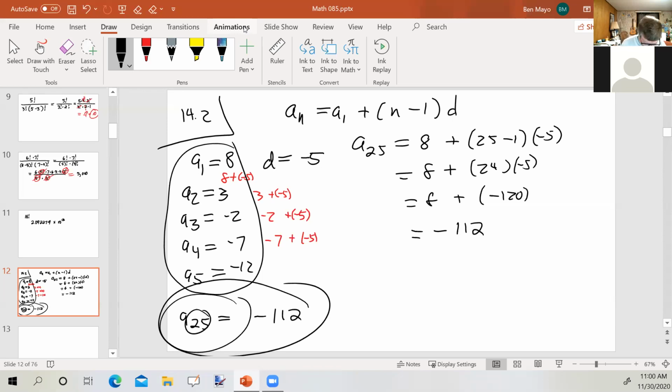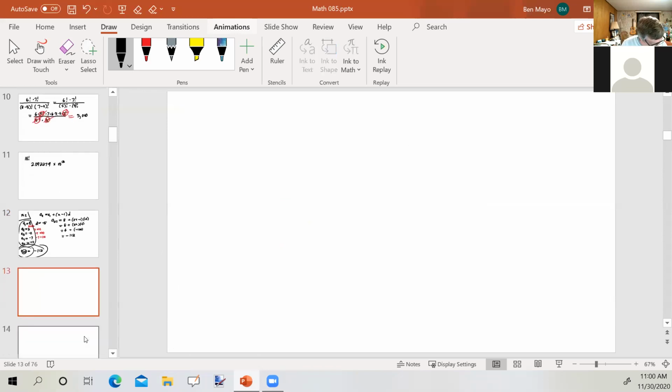All right, let's take a look at another example. Here it says, write the first 5 terms of the arithmetic sequence with the following properties. The first term is 5, so a sub 1 equals 5, and the 5th term is 29.